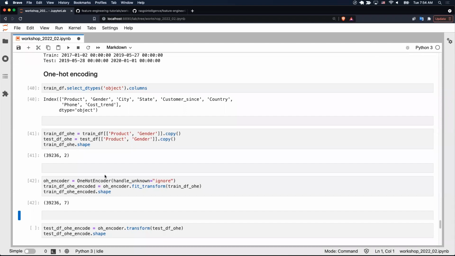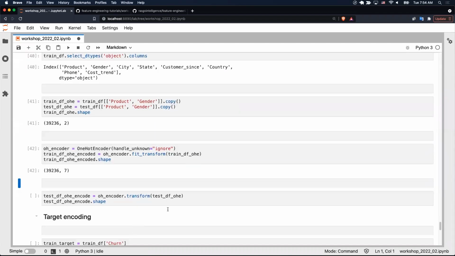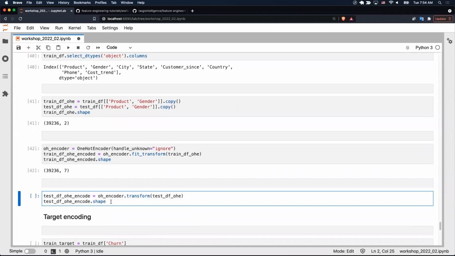So for each level of product, I have 1 column, 1 if it's that product. So product A, column A will have a 1 if it was product A, 0 if it was product B, C, or D. Column B will be a 1 if the product was B, 0 otherwise. We can one hot encode that. And then we can use this one hot encoder to transform that test set.